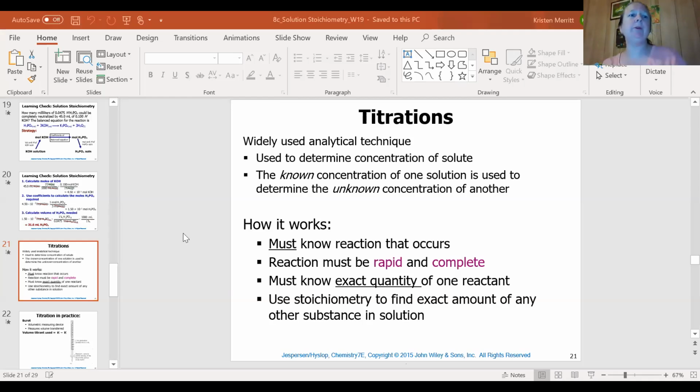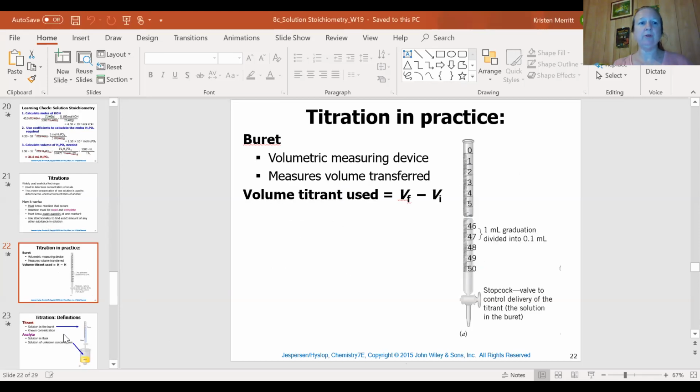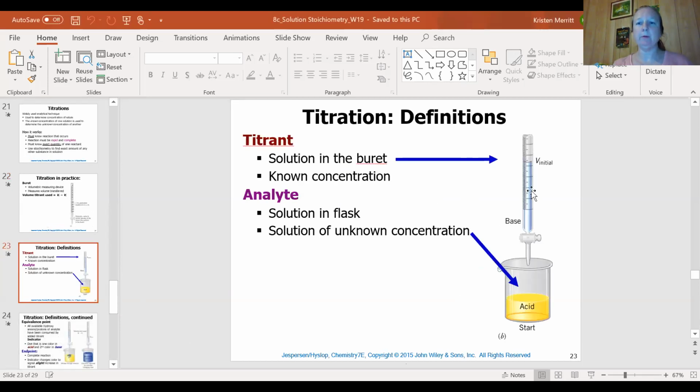Like I said, you will be doing this in the fall. So in titration, we use a burette, and you have your unknown in your beaker or your flask or Erlenmeyer flask. You know what's in the burette. You know the concentration. You know the identity of what's in your unknown.